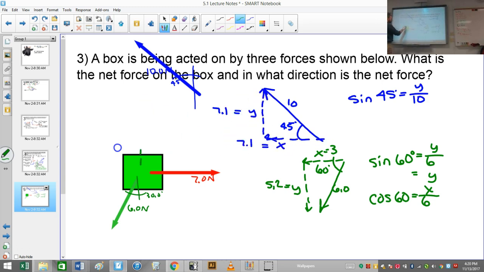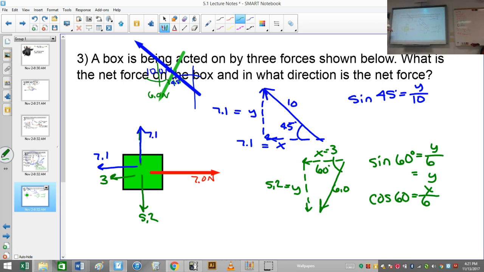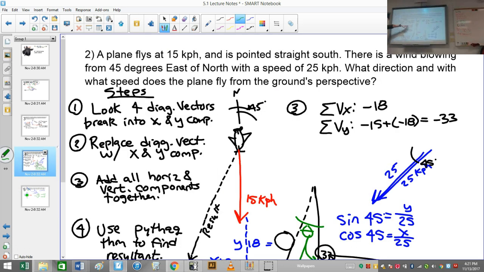So I've got 7.1, and I've got 7.1. I'm going to replace this one with 3 and 5.2. That was step 2. Replace the diagonal vectors.